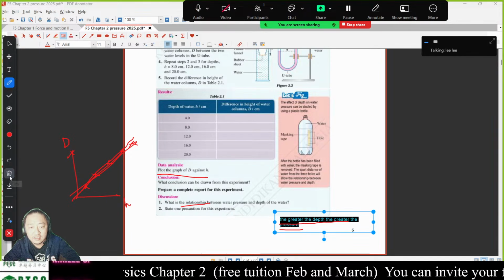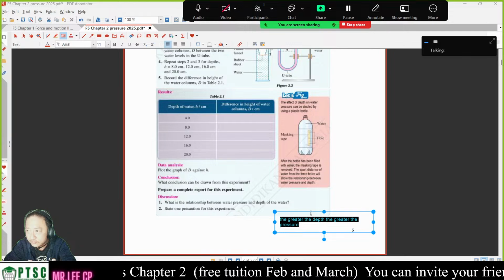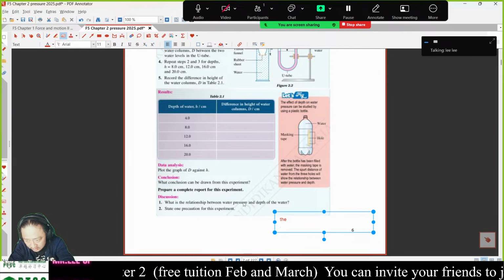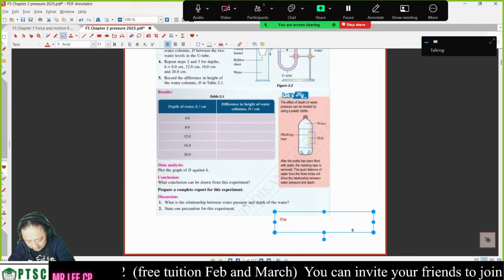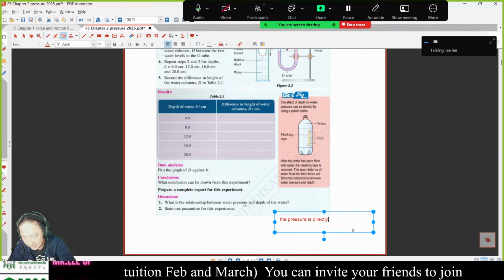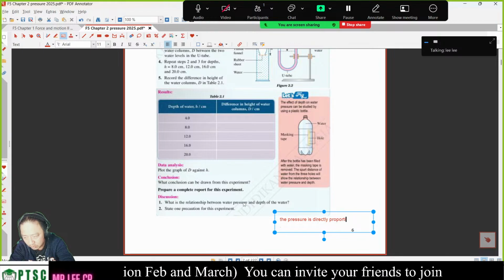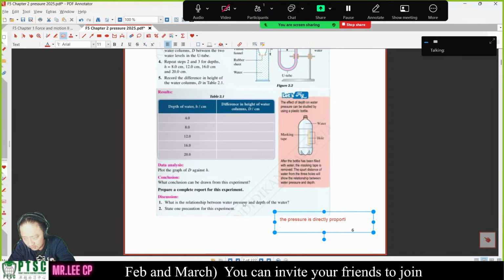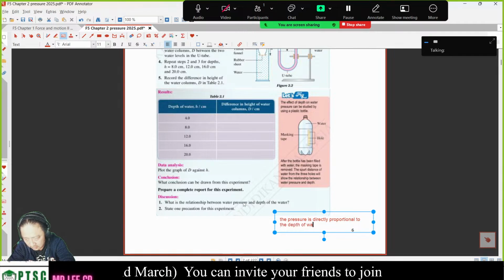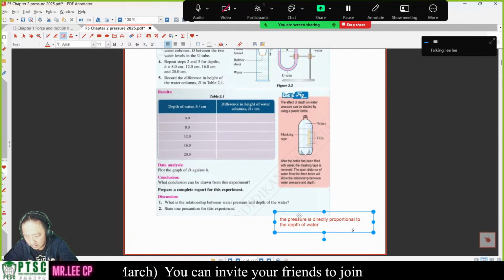So I will say the pressure is directly proportional to the depth of water.